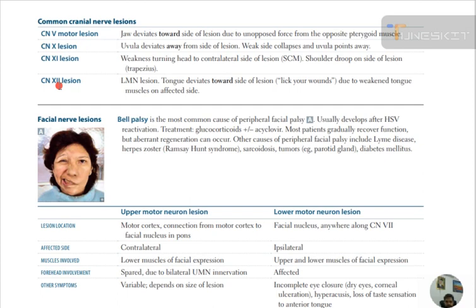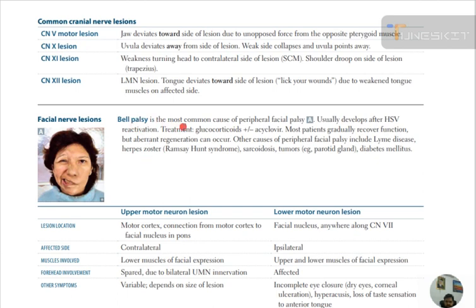And cranial nerve 12. It is a lower motor neuron lesion. The tongue deviates toward the side of the lesion, lick your wound. So the tongue will deviate toward the side of the lesion due to weakened tongue muscle on the affected side.